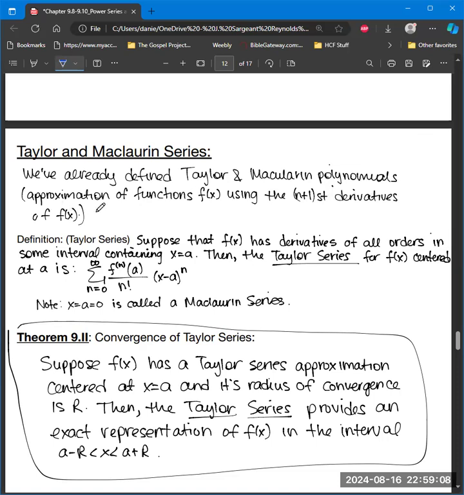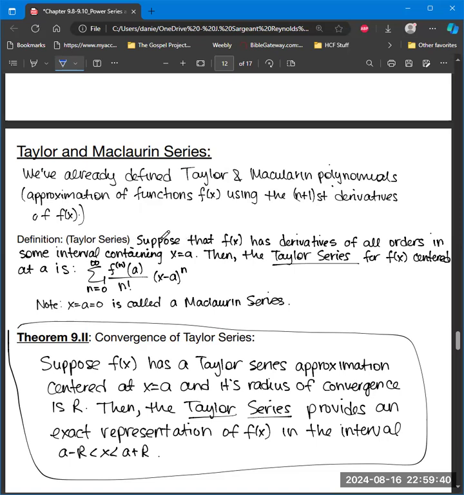Like if we want the polynomial of degree 4 or something like that to approximate it, we had to go out to the 5th derivative, is what that's saying. The first 5 derivatives, including the 0th derivative. I guess you could say it that way.